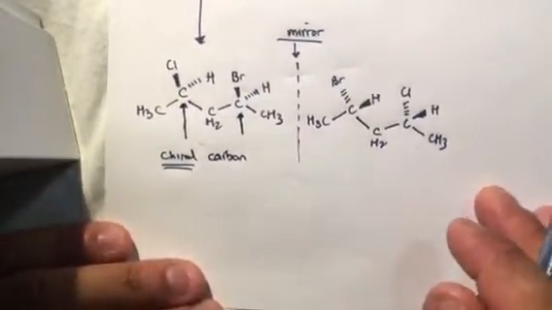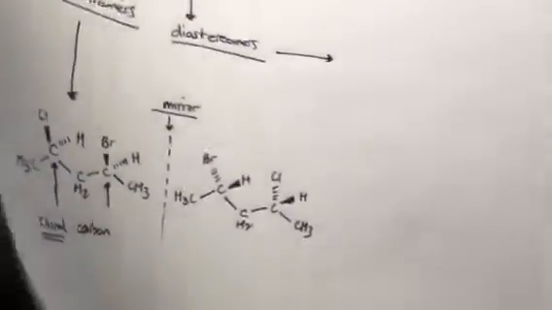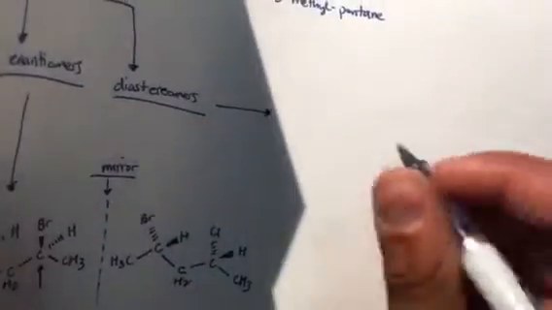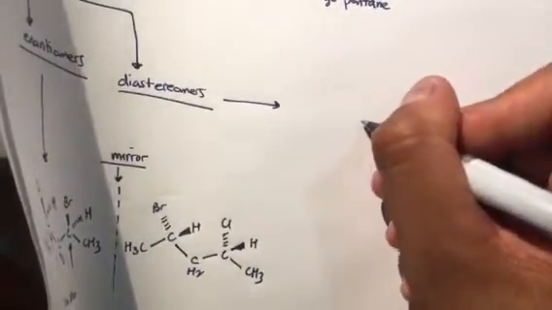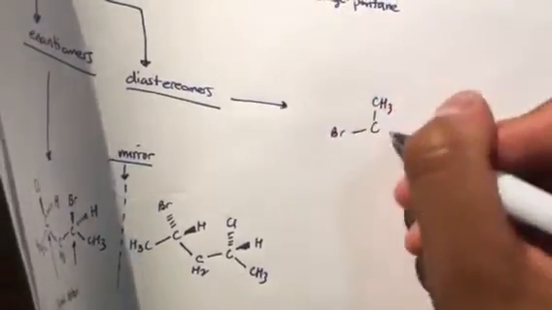So now let's look at diastereomers, okay? Let's look at diastereomers. We have another example, let's say CH3, Br.